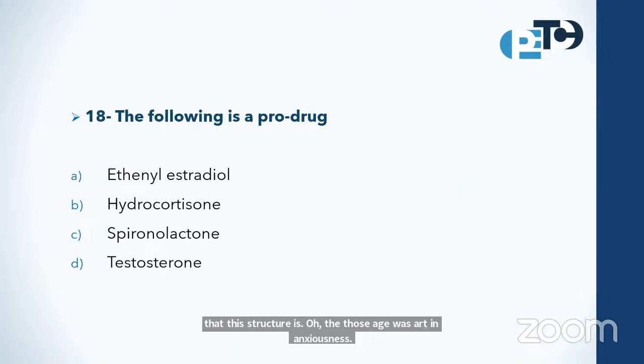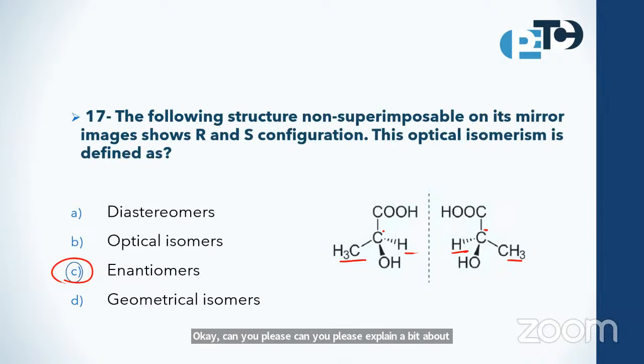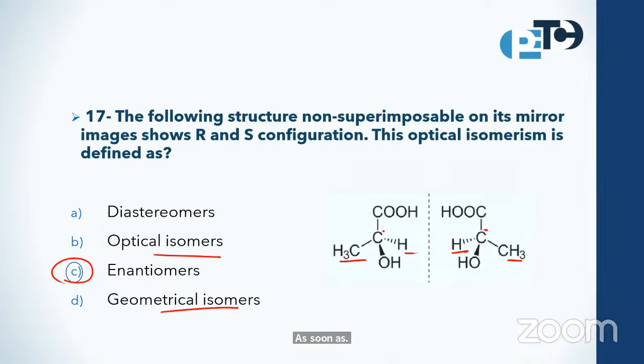Can you please explain a bit about option B and 3? What will be the optical isomers and geometric isomers? Both are optical isomers. This is also right, but specifically they are enantiomers.